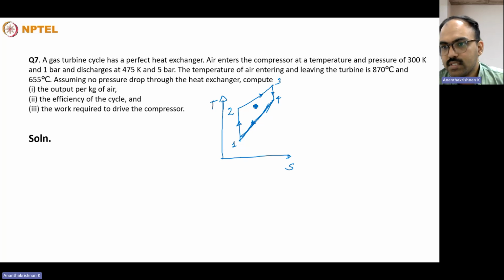So in this particular process, it's kind of a regeneration, where a portion of the exhaust gas heat will be used for preheating the air, for improving the efficiency. So in this process, the perfect heat exchanger takes heat and becomes 5. It rejects heat and becomes 6.